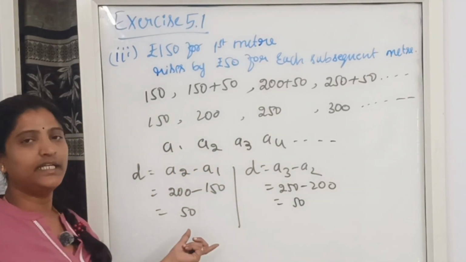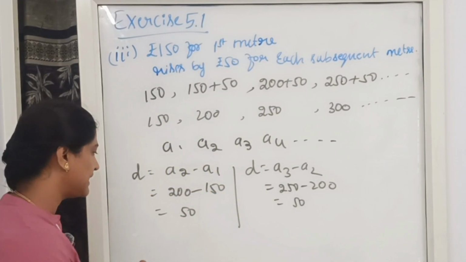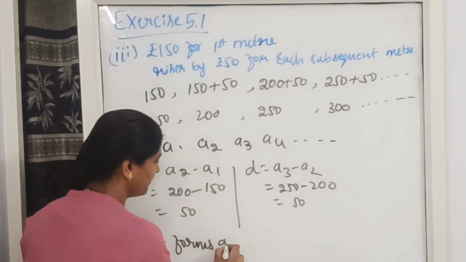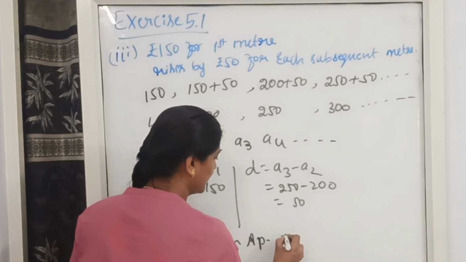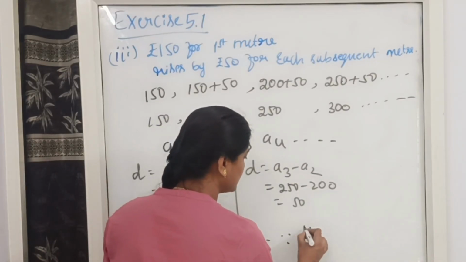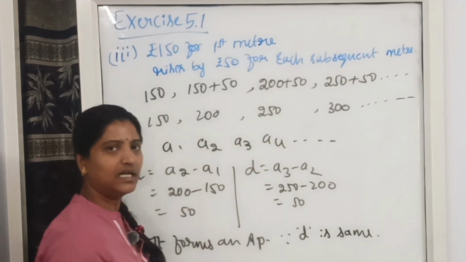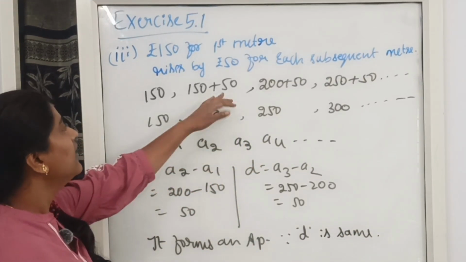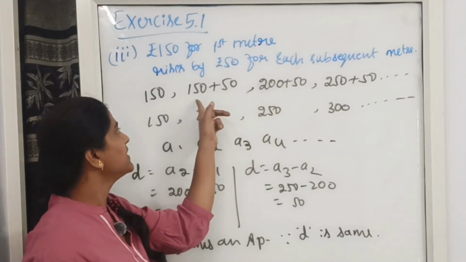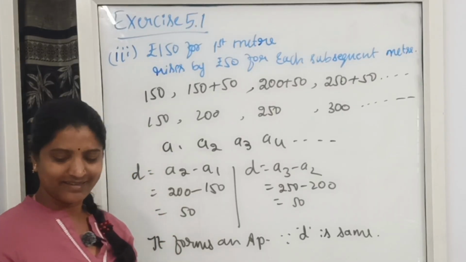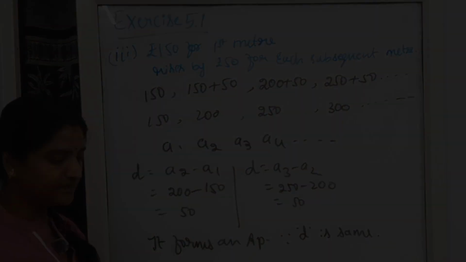If you find any two common differences, we can conclude it forms an AP because the common difference is same. Are the numbers added to each preceding number equal? Let us move to the fourth sum.